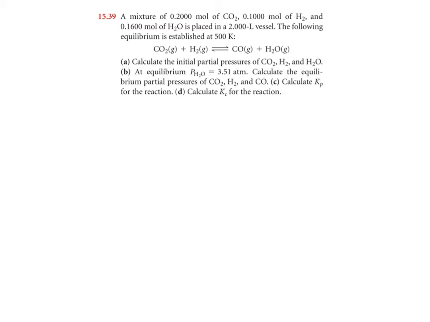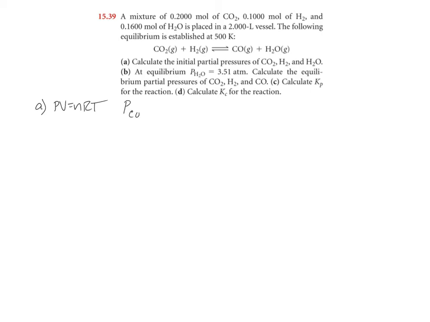So A says calculate the initial partial pressures of carbon dioxide, H2, and H2O. To do that, we have to use PV = nRT. That's how you find the partial pressure of a gas. The first one we'll look at is carbon dioxide.